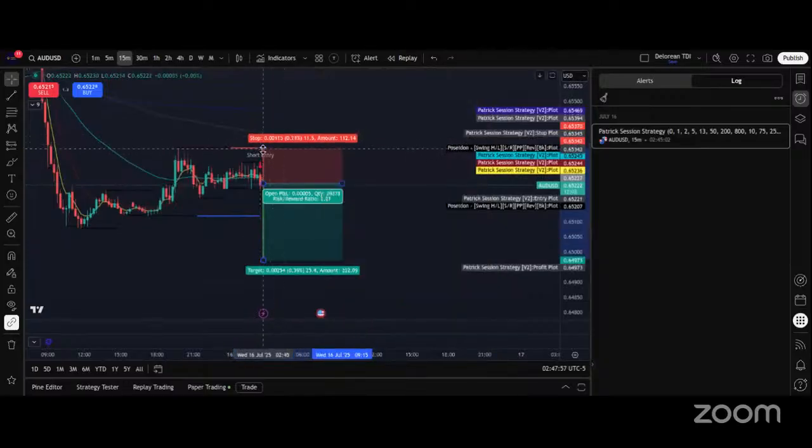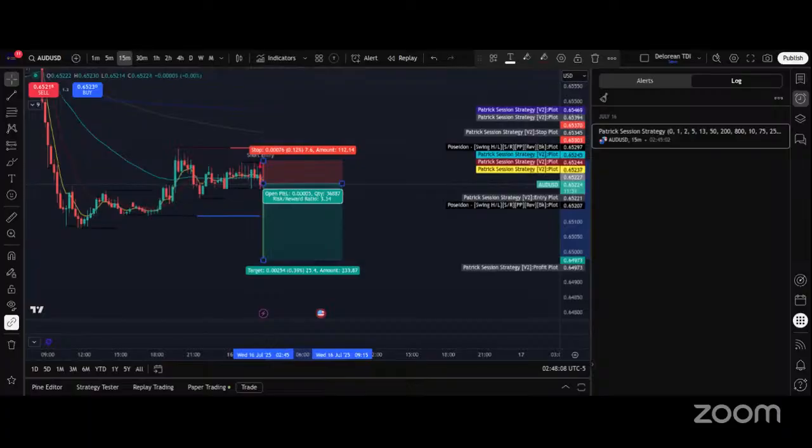Shorten up the stop a little bit. Again, it's going to be a live exclusive. This is the Australian dollar versus the US dollar, 15-minute confirmation, market execution sell, with a risk to reward ratio of 3.34.